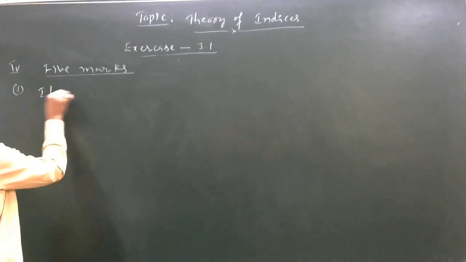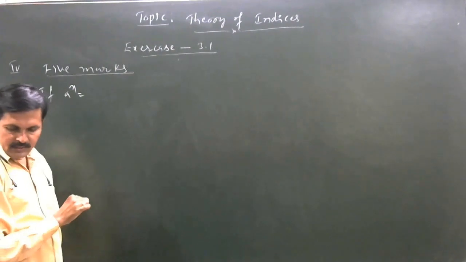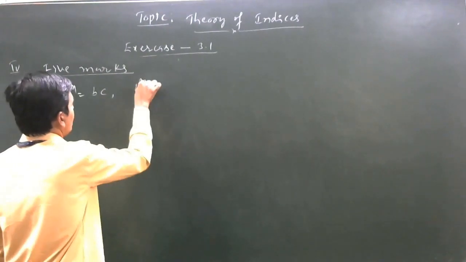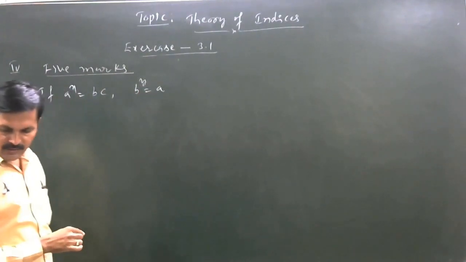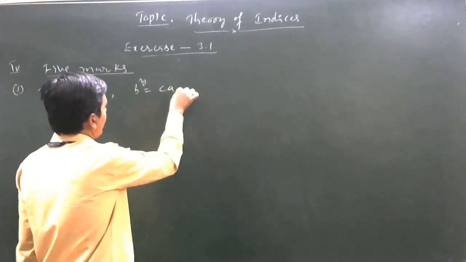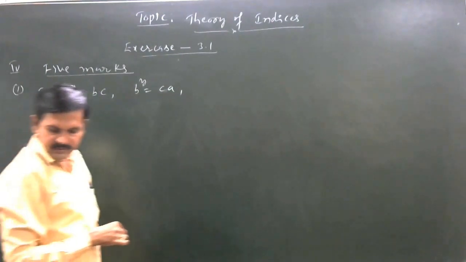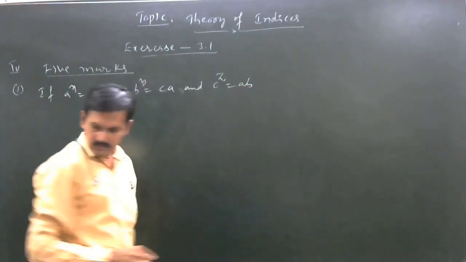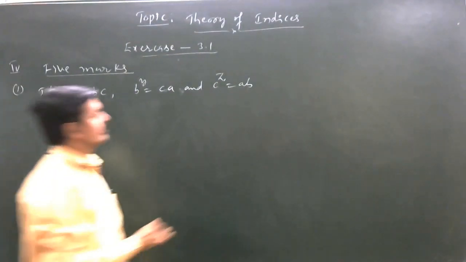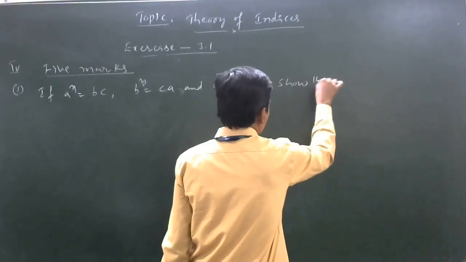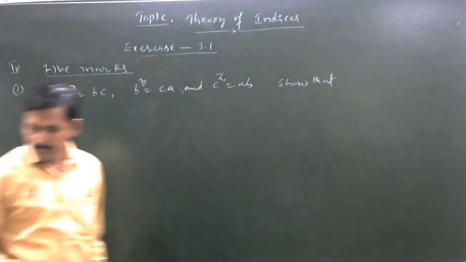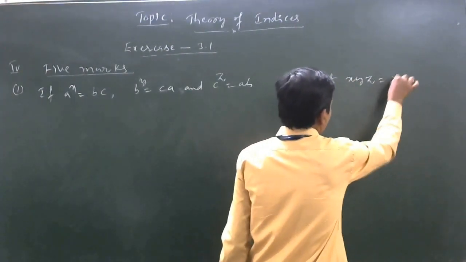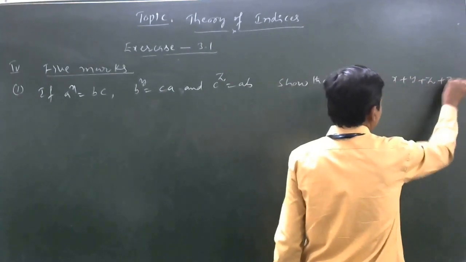If a power x equal to bc, b power y equal to ca, and c power z equal to ab, show that xyz equal to x plus y plus z plus 2.